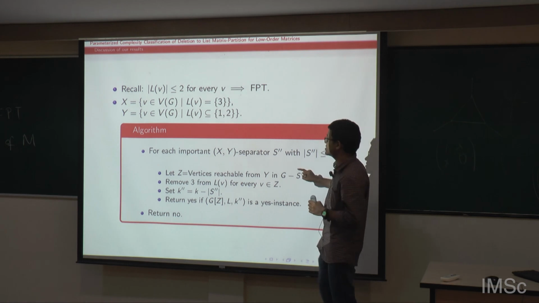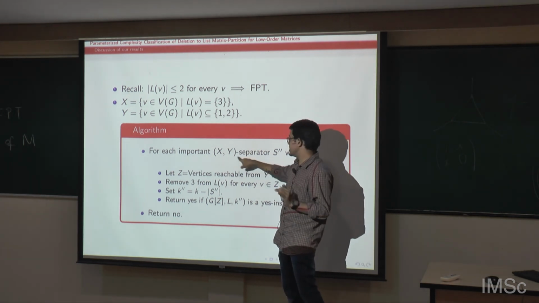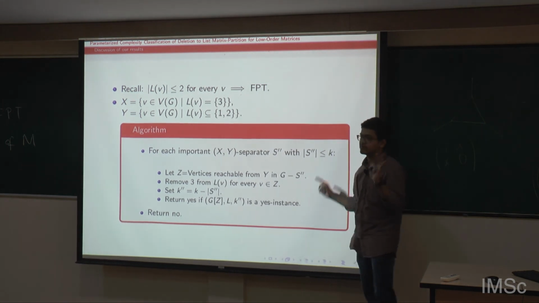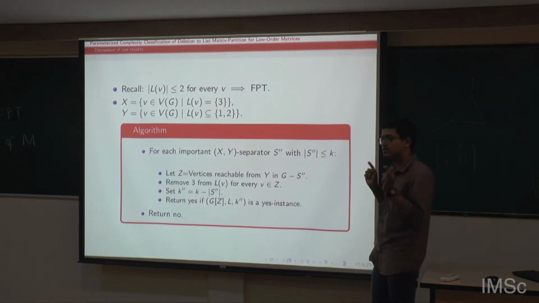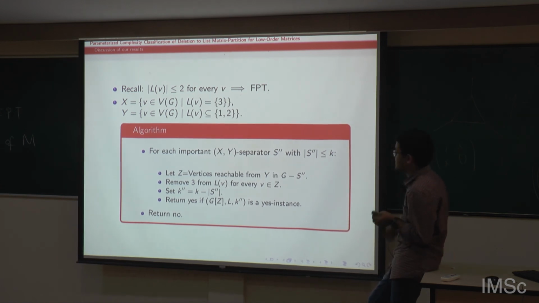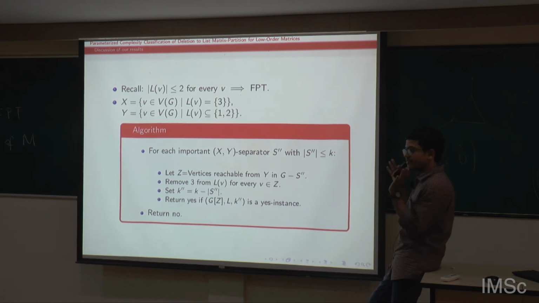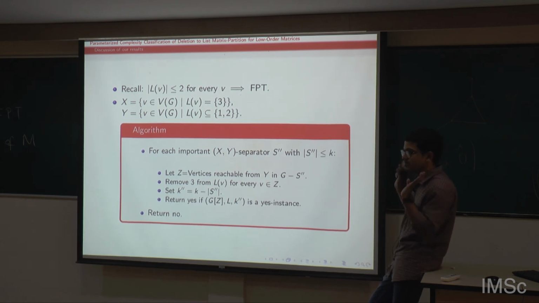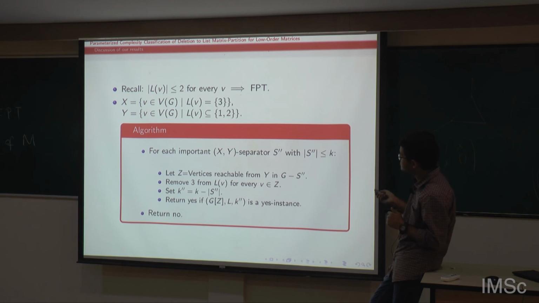And the important thing is we have only some f of k many important separators that we have to try out before we can conclude whether this is a yes or no instance. So this is a fairly standard technique that is always used in cut problems, in separator problems.